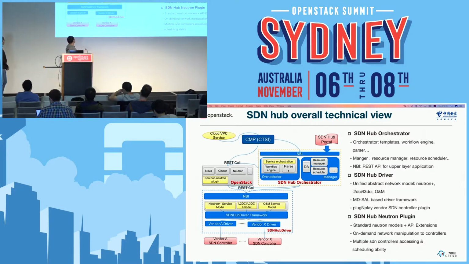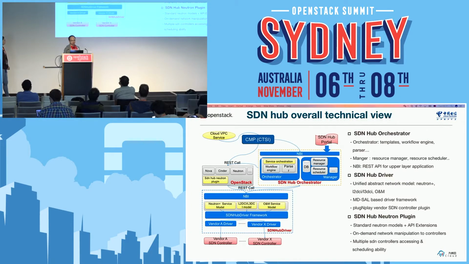The modeling layer will receive the request from the app layers. After that, it will deliver the request to the concrete SDN controller. This is the main design part, the SDN Hub driver framework. Just as our topic, to unify the heterogeneous SDN drivers, all of this task is finished here.